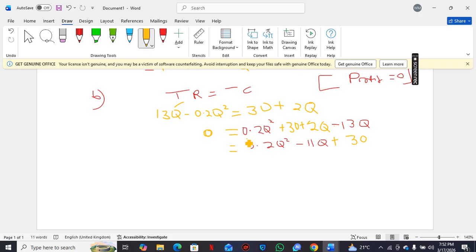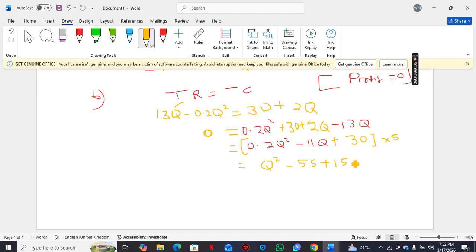So if you say, let me multiply everything by 5: 5 times 0.2 is 1, so you get Q squared here. 5 times negative 11, you get negative 55. 5 times 30, you get 150.